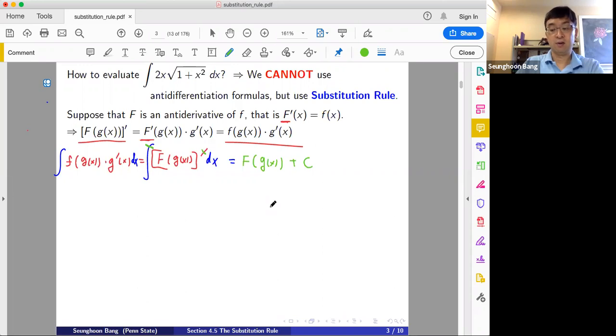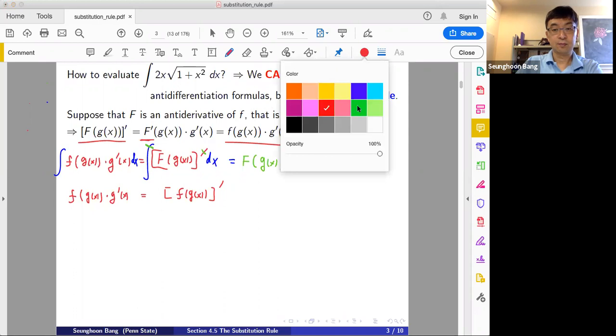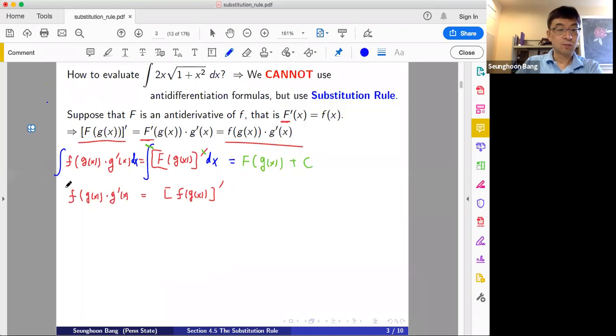What is the definite integral version? We can use the same things. The f of g of x times g prime of x is the same as capital F of g of x, the prime. You can take the integral of both sides, like this.